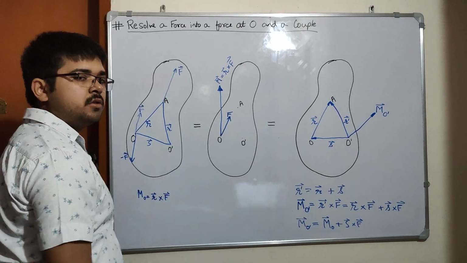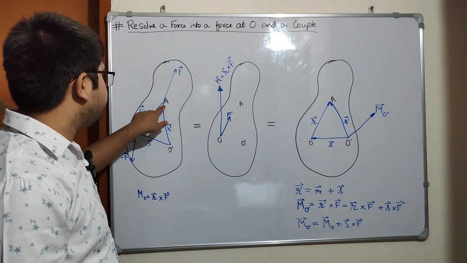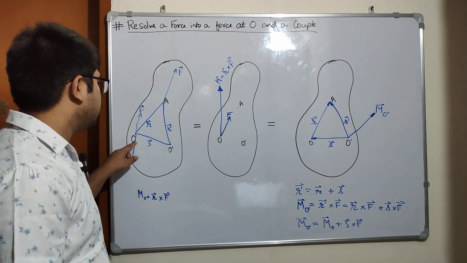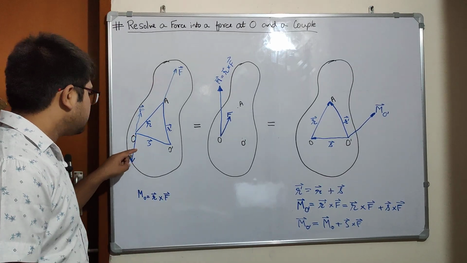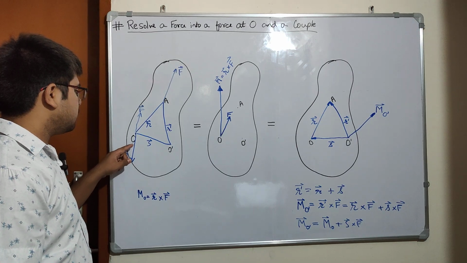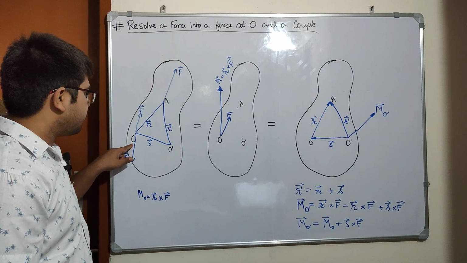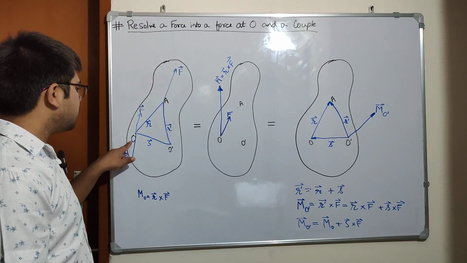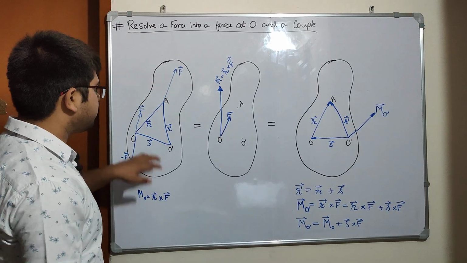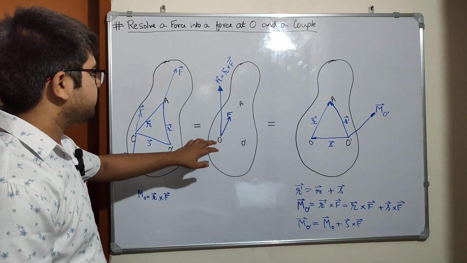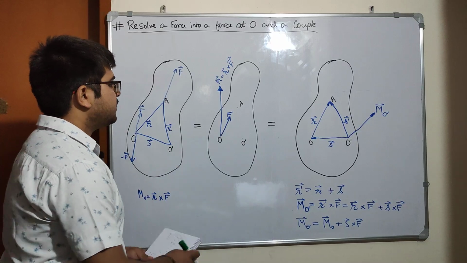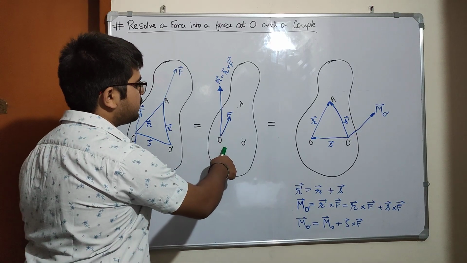So that is how we resolve a force acting anywhere in the rigid body to a force resolved at O. We substituted this force here from here to here, and then this is equivalent to this system, and this force then can be resolved.